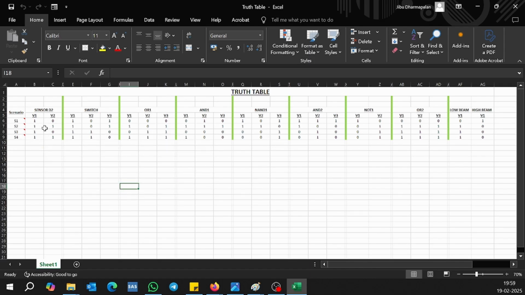The inputs to the various sensors and switches are listed here, and this section is where your final outcome of low beam and high beam is shown. 1 means on and 0 means off, so just remember that. I will be sending this truth table with Laya, so you can check that.